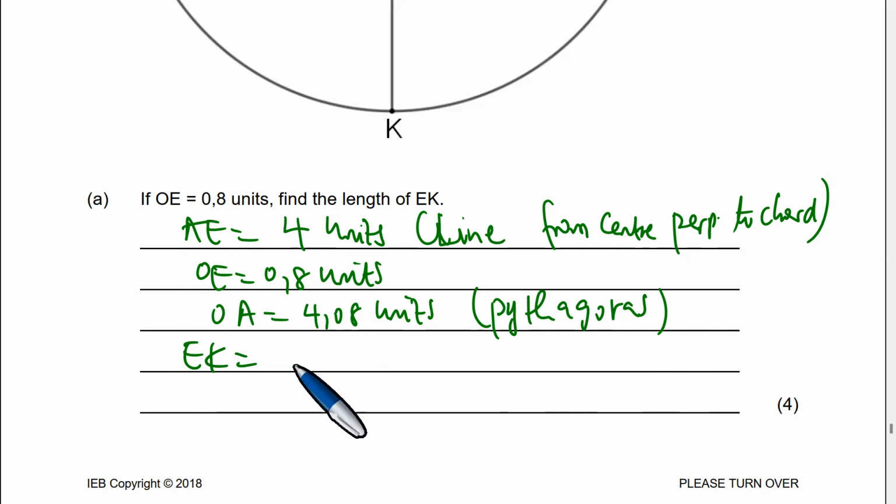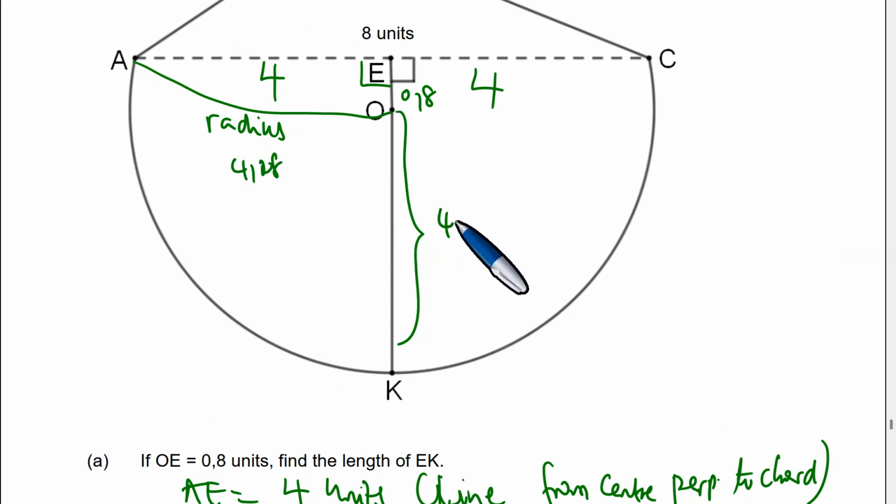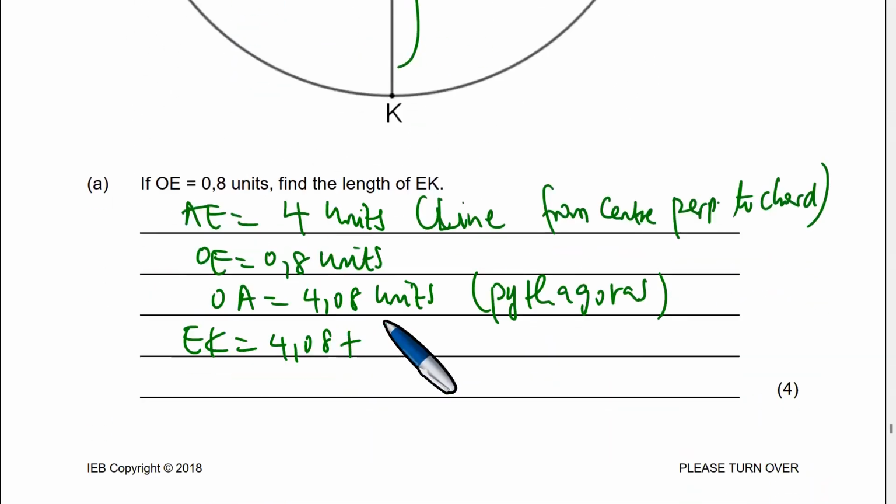So that we have EK. OK is like a radius, so it is 4.08, and the distance from here to there is also like a radius, so it's also 4.08. 4.08 plus 0.8 is 4.88 units.